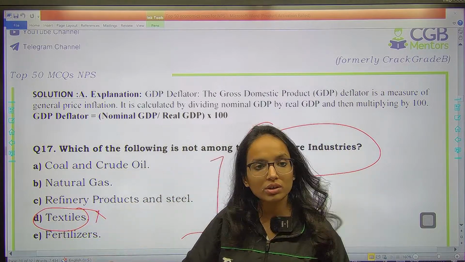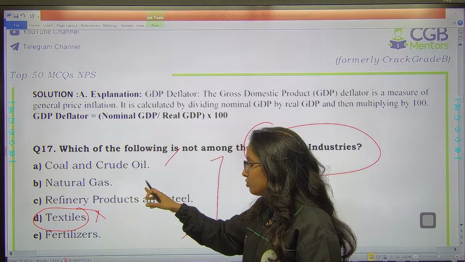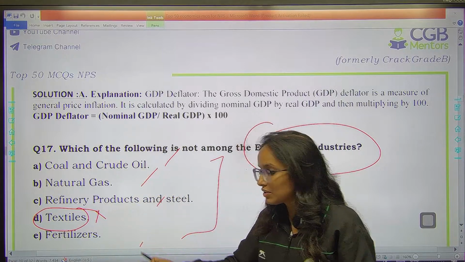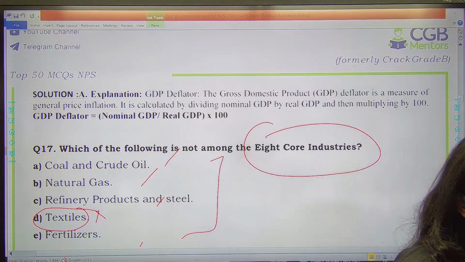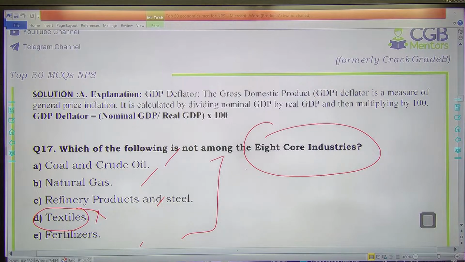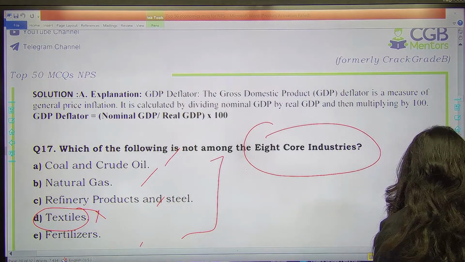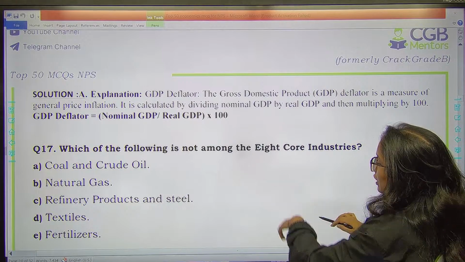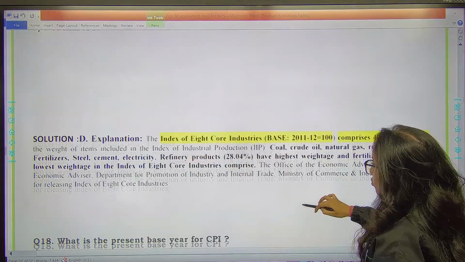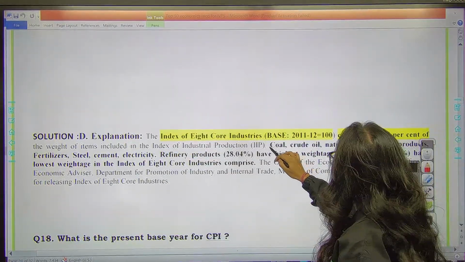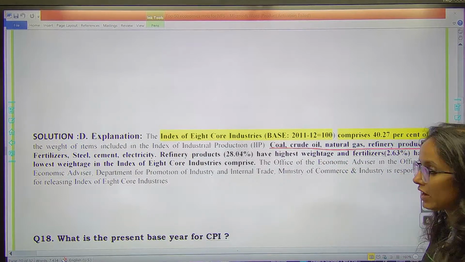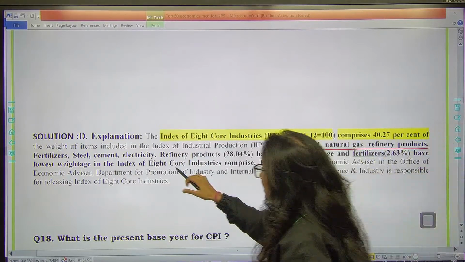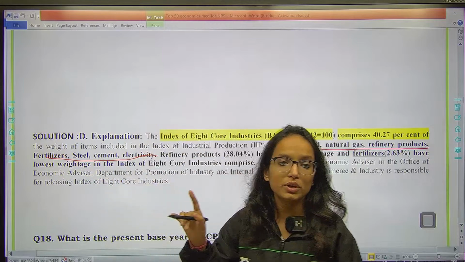Textile is not among the 8 core industries. So, see, 8 core industries are coal, crude oil, natural gas, refinery products, fertilizers, steel, cement, and electricity. They should be at your tongue.